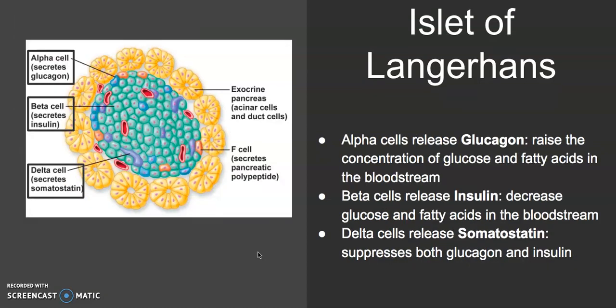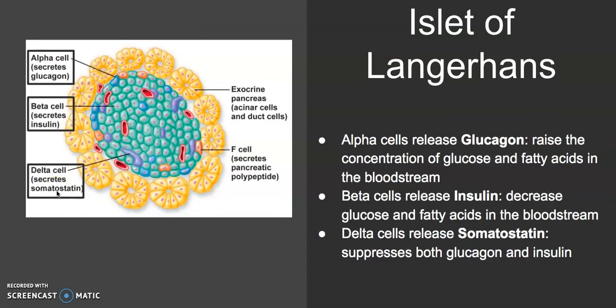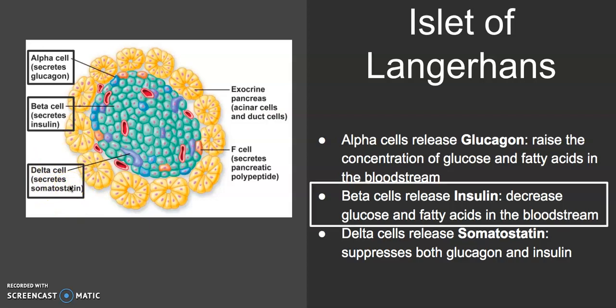So first, we're going to be talking about beta cells. Beta cells secrete insulin. We're also going to talk about alpha cells, which secrete glucagon, and delta cells, which secrete somatostatin. Insulin has the job of decreasing glucose and fatty acid in the bloodstream.